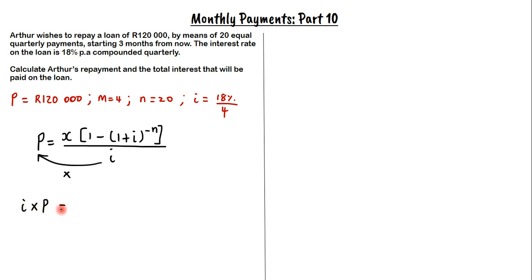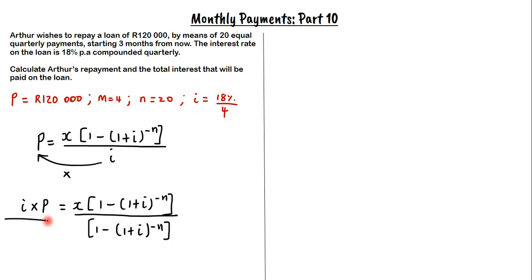So i times P equals x into 1 minus (1 plus i) to the power of minus n. I divide by 1 minus (1 plus i) to the power of minus n, because I want to be left with x alone.